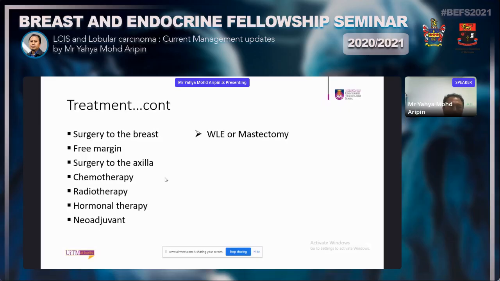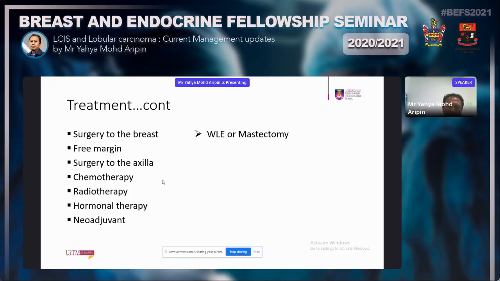Yes, you still can. The principle is the same: how big is the lesion in comparison with the size of the breast, and whether there are any other lesions in the same breast. If you fulfill the criteria, you still can do wide local excision.